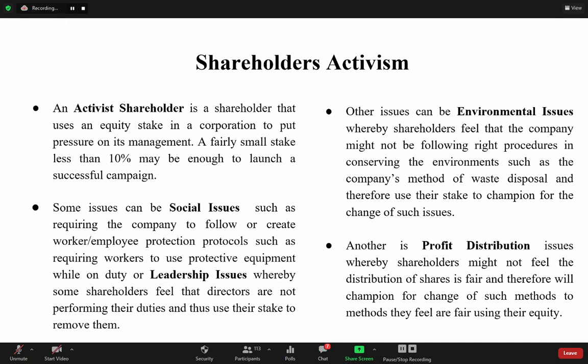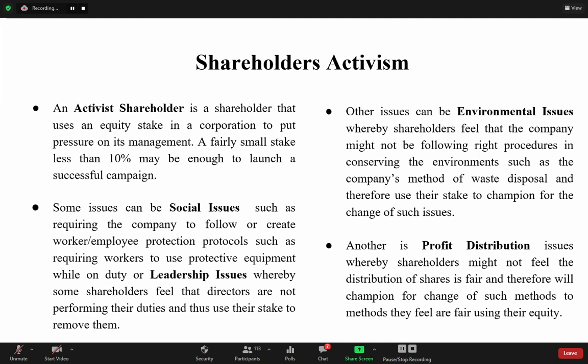Another issue can be leadership issues, whereby the directors and managers of the company are not really performing well, and in a sense have turned to agents and are now mainly concerned with their own benefit. In that case, an activist shareholder can raise a campaign to remove the directors from their position.